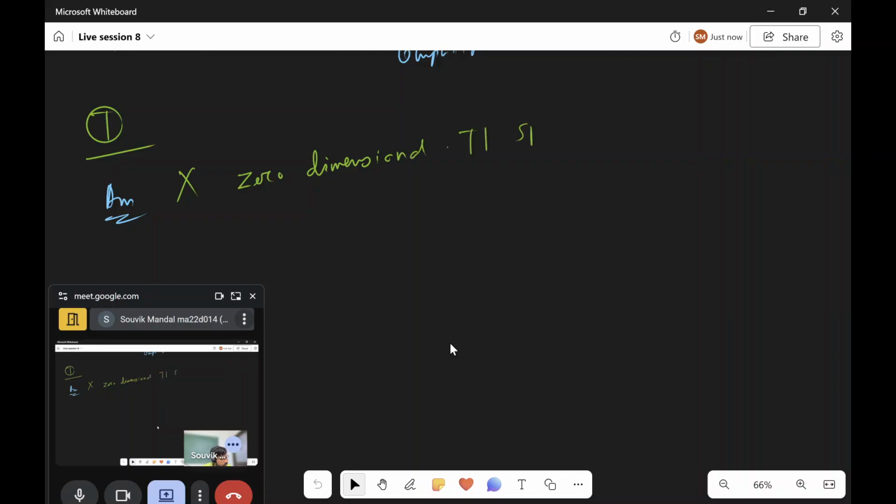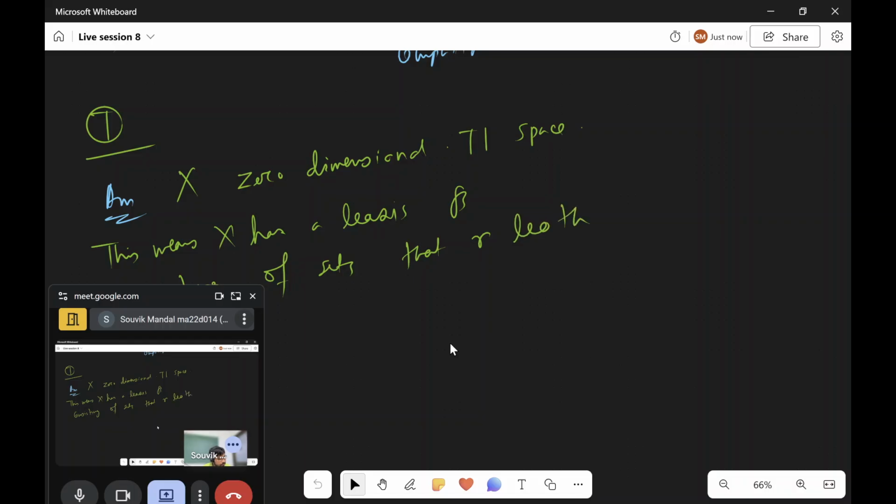This means X has a basis B consisting of sets that are both open and closed.